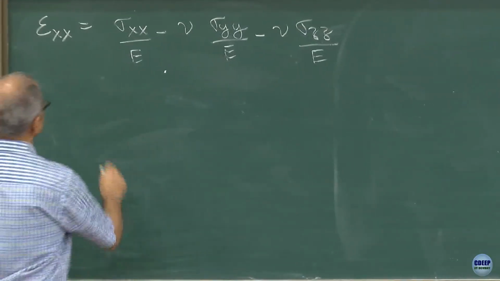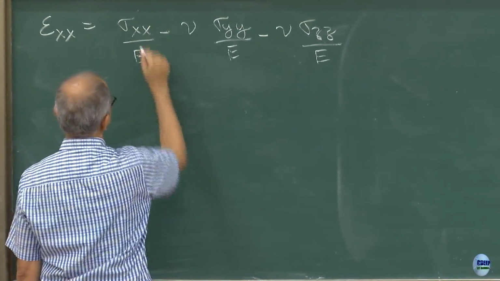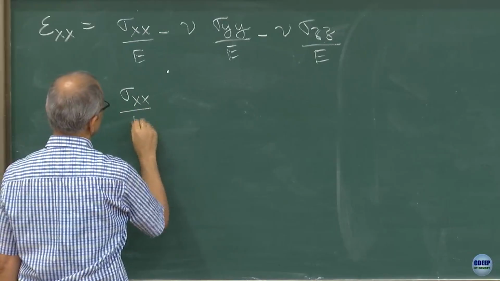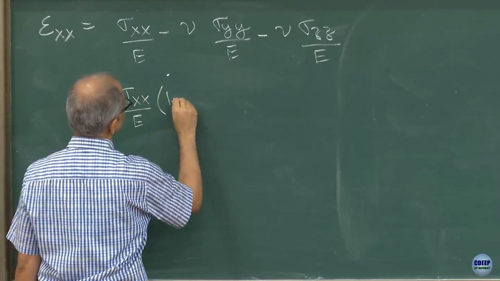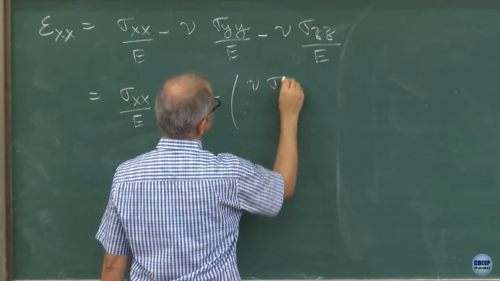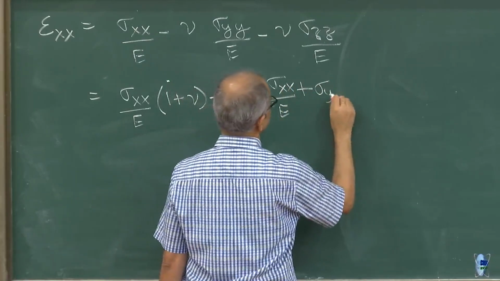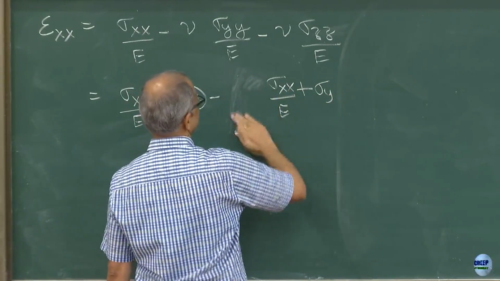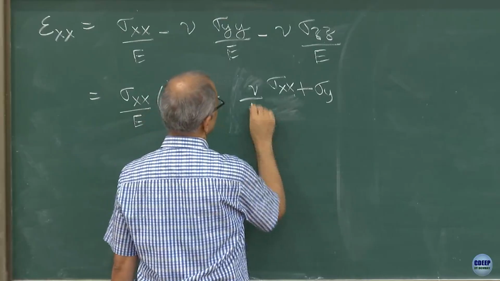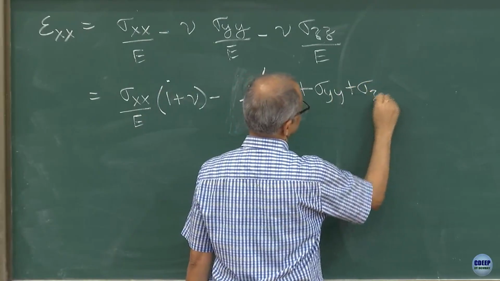So now let us add and subtract one term. So I get, let me also write out this with a nu: sigma xx upon E times 1 plus nu minus nu sigma xx upon E, minus nu sigma yy upon E, minus nu sigma zz upon E. Let me take nu by E common: nu by E times sigma xx plus sigma yy plus sigma zz.